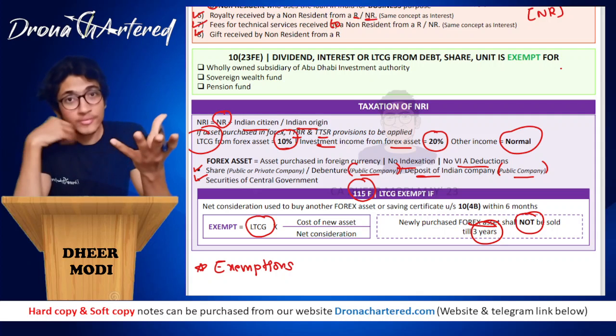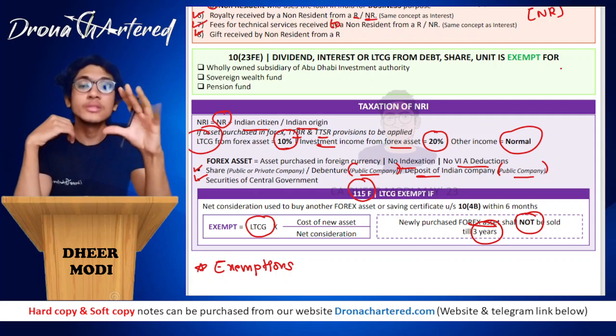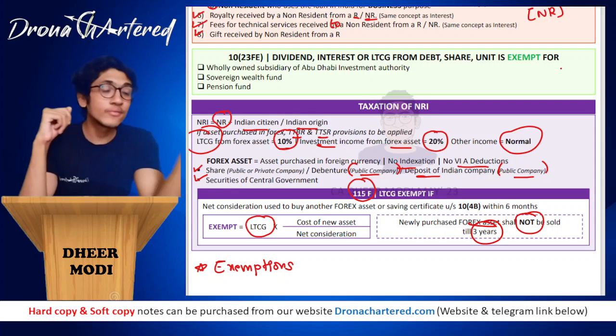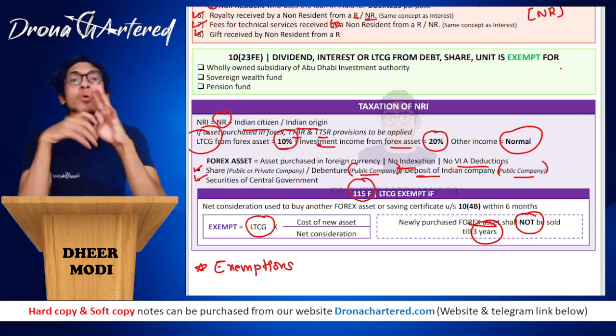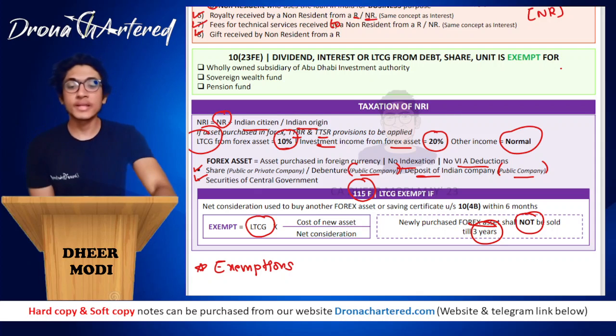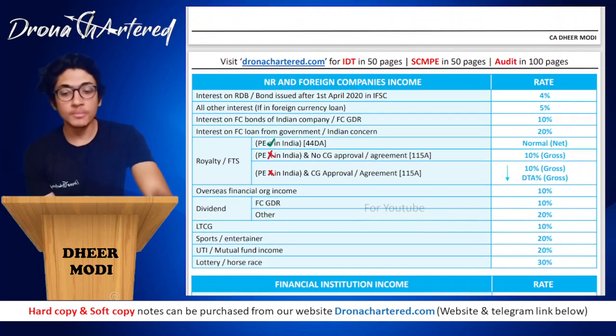If you are referring to BB Sir's book, you will find those in the compact. You don't need to learn these exemptions. Just read them twice or thrice so that if it comes in the paper, it strikes you that you had studied this in your exemptions. Okay, so this is one part that is not there in NR taxation in these 50-page notes. So make sure you read it from the main book.